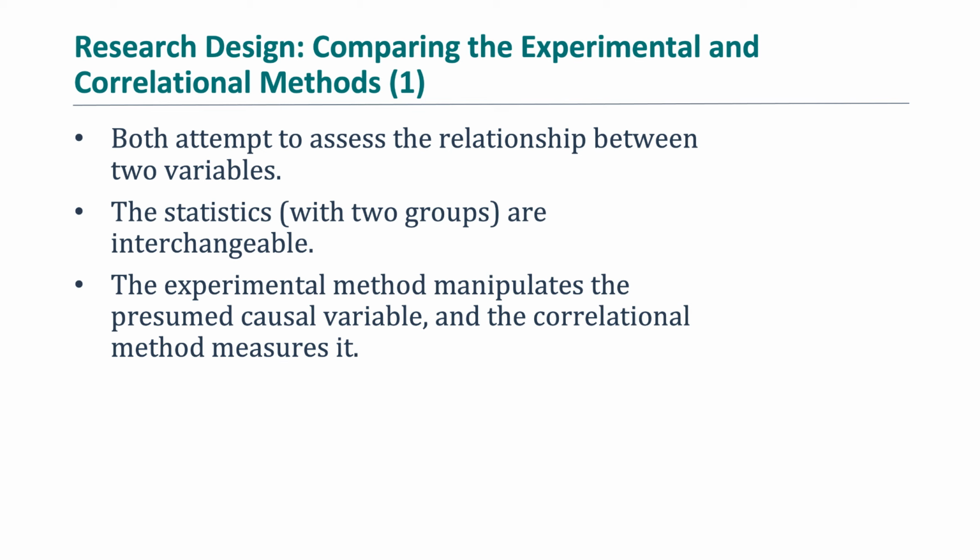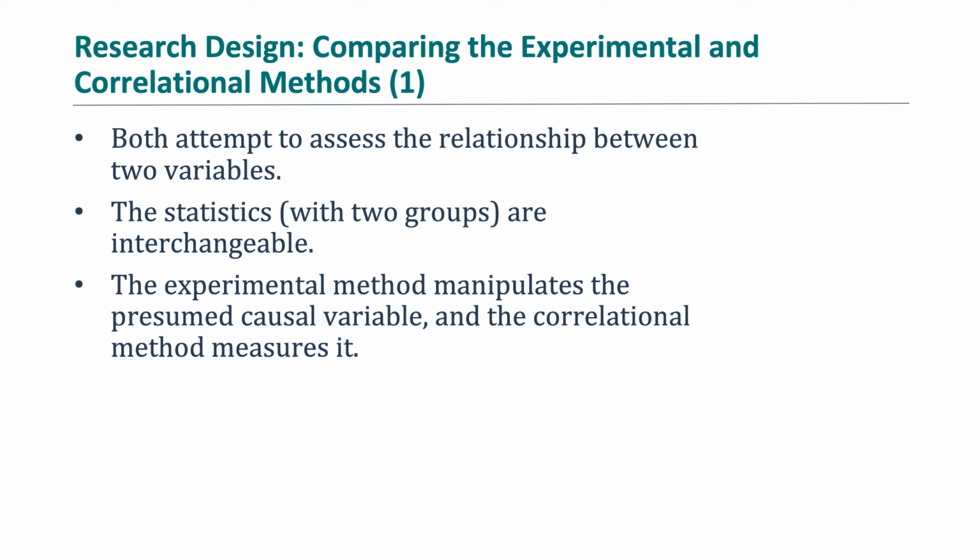That's the big difference. You're going to manipulate your independent variable, and the dependent variable you're just going to measure afterwards. When you're doing a correlational method, you don't do that. You're not going to manipulate anything. You're just going to record. So correlational methods are just measuring those variables, whereas experimental methods are going to manipulate them.